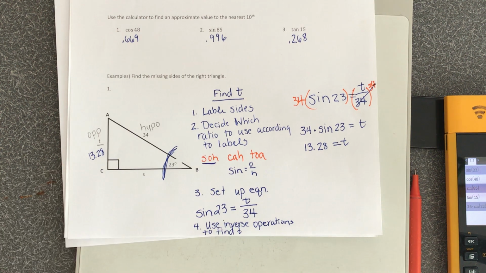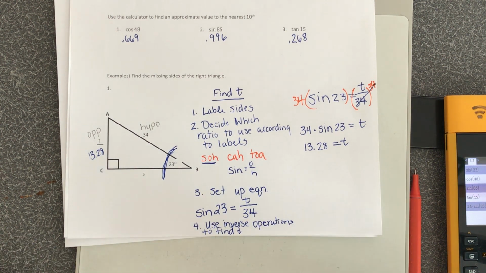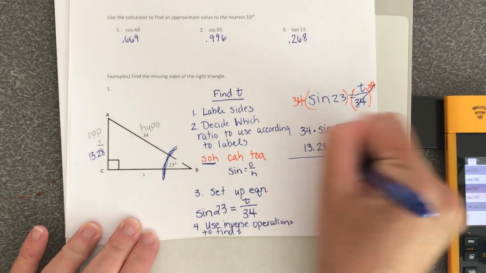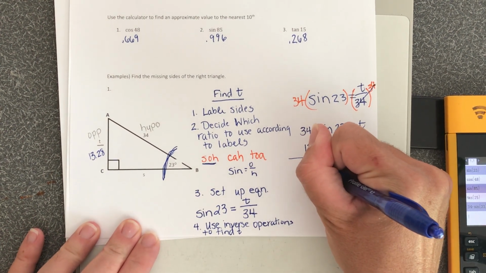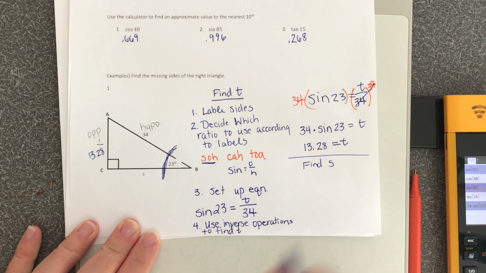And so now I want to find the other side length, the side s. So instead of using the Pythagorean theorem, because this is an approximate value, we're going to use our trig functions. So now we're going to go find s.